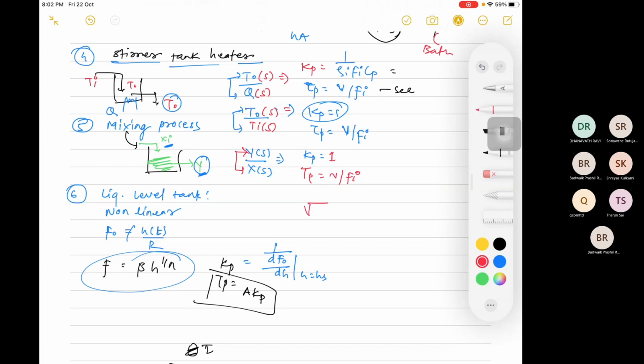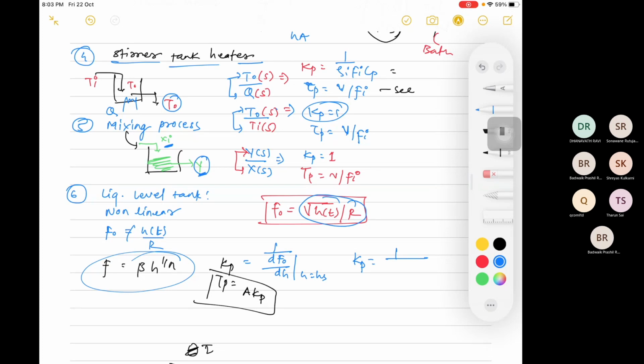It is under root h, right? Which example was taken in class? This example was taken. Now compare what is the value of n and calculate Kp. Your f is this. Now Kp is 1 divided by df. Differentiate this with respect to h. What will come?